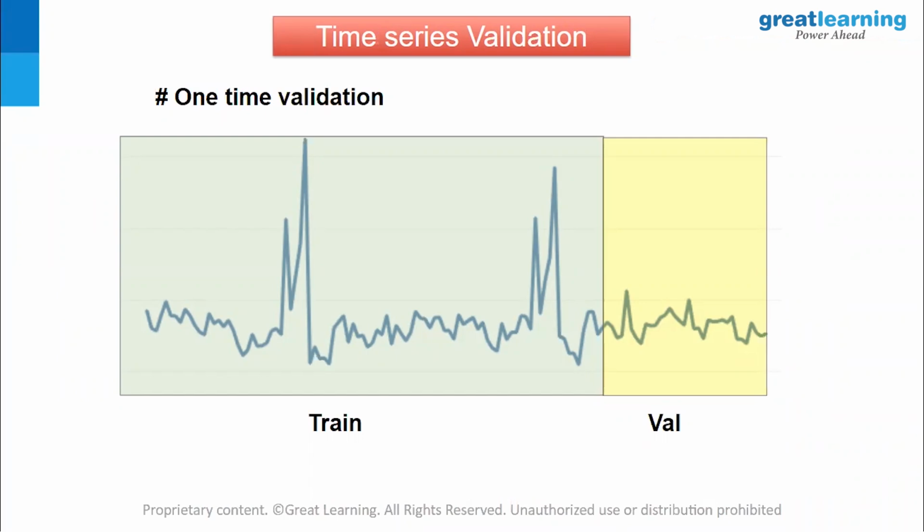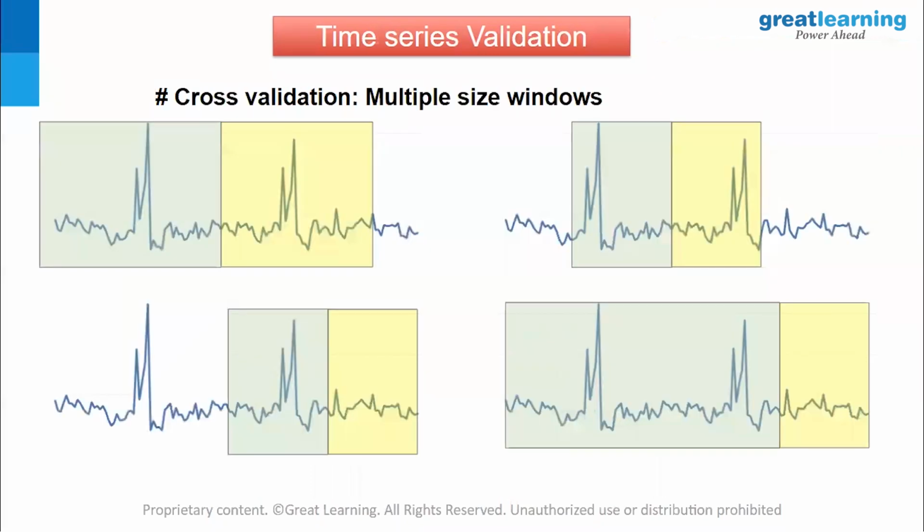It could be any metric, but that's how we do it, right? Now, this is one way, but in order to make sure that your model actually works across the length of the span of the time series, it is advisable that you do the validation on multiple size windows.